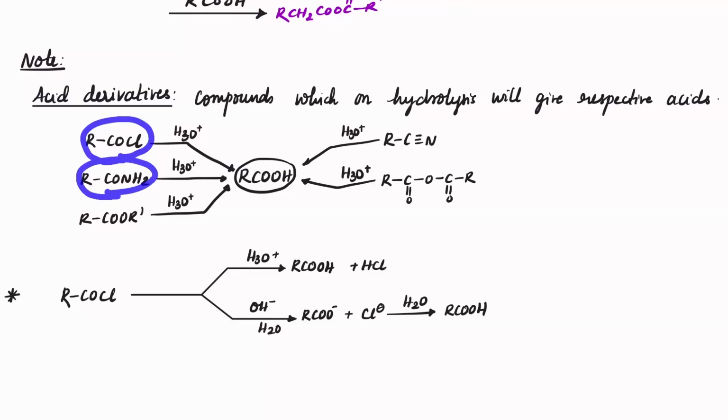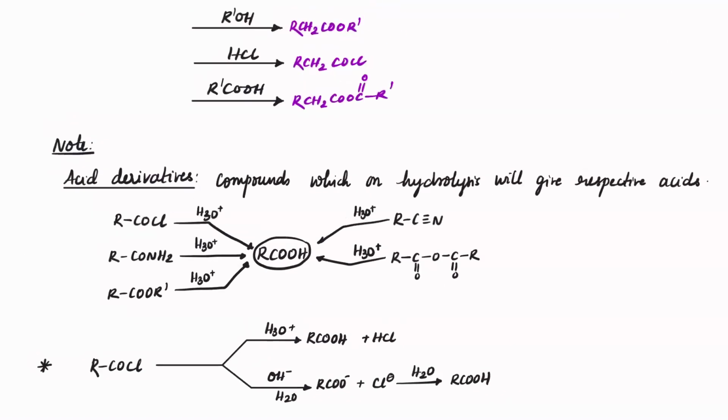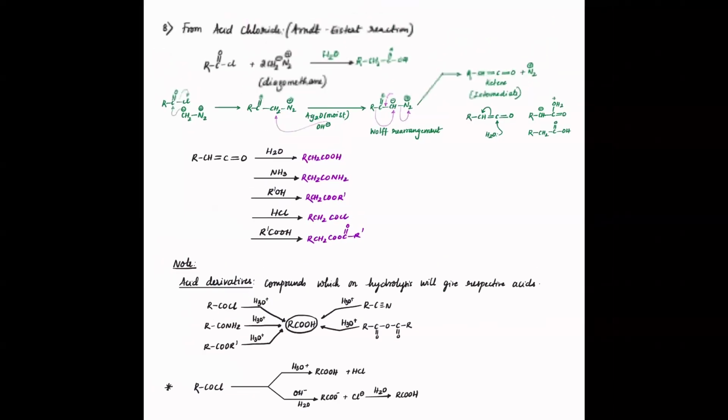Acid chloride, amides, esters, cyanides, and anhydrides, all of them on hydrolysis are giving carboxylic acids. And if you have an acid chloride, on hydrolysis you'll get acid and HCl. And if you have it in basic medium, you will get acid salts and chloride salts, which again on hydrolysis will give you acids. Got it? So please go through these two reactions quickly.